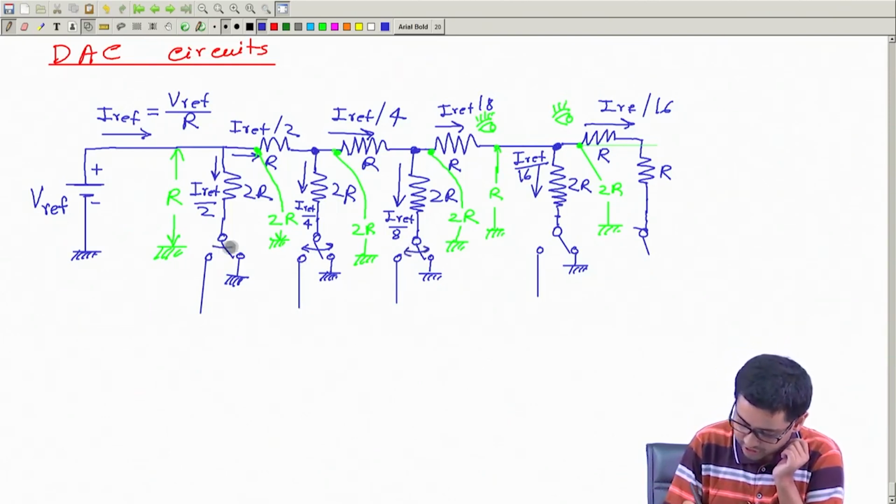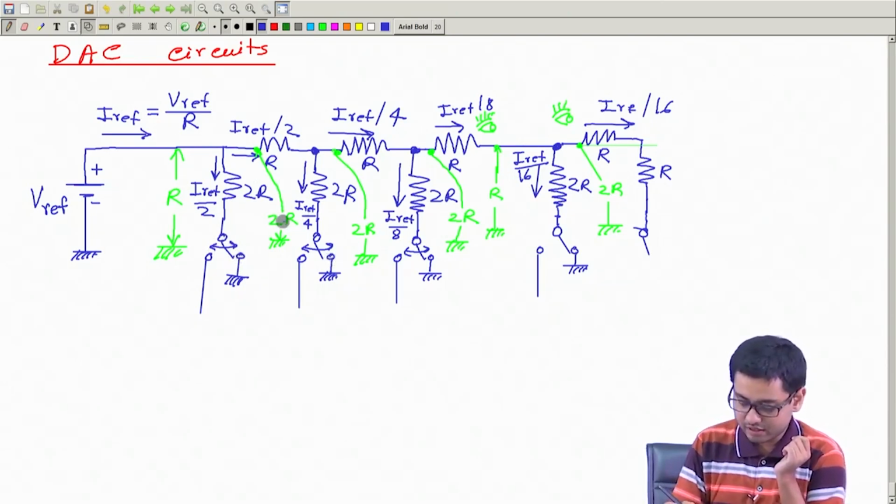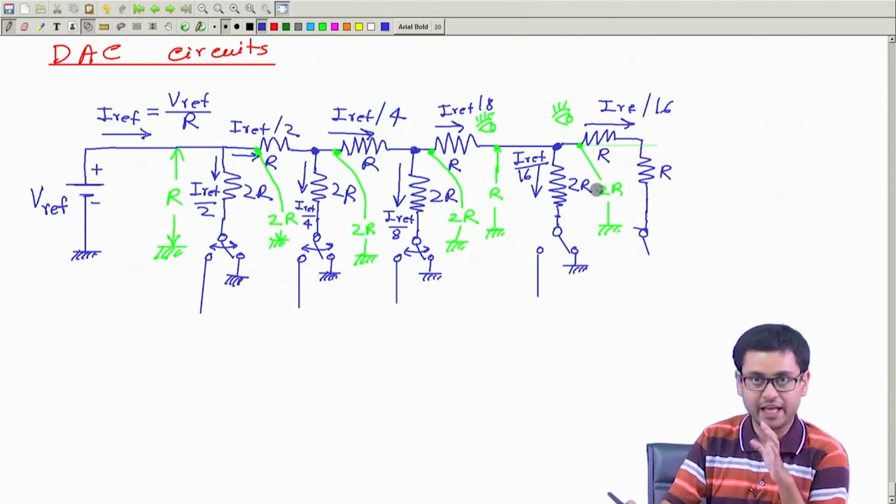Here also, here also. If these are connected to ground, then definitely this will be the current distribution as we have discussed.